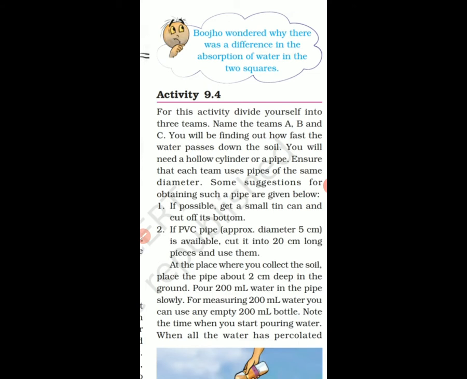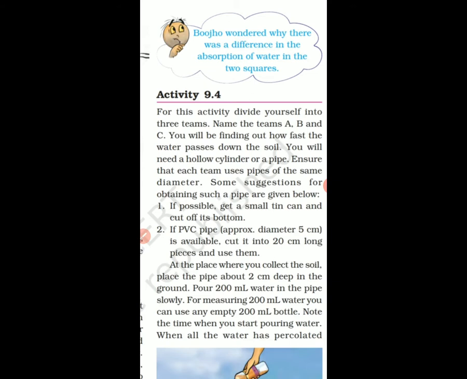If you are taking a PVC pipe, you can take approximate diameter 5 centimeter and 20 centimeter long. Now at the place where you collect the soil, place the pipe about 2 centimeter deep in the ground. You have to dig 2 centimeter deep inside the ground and then place the pipe.